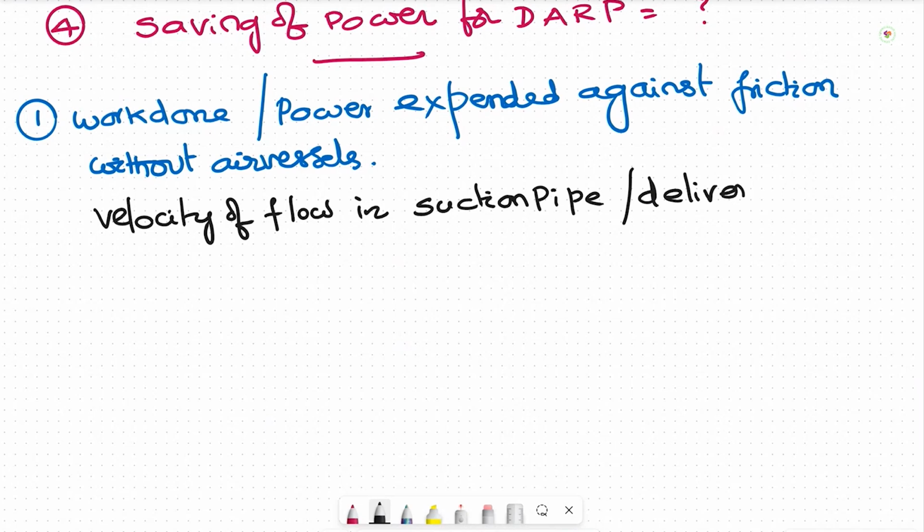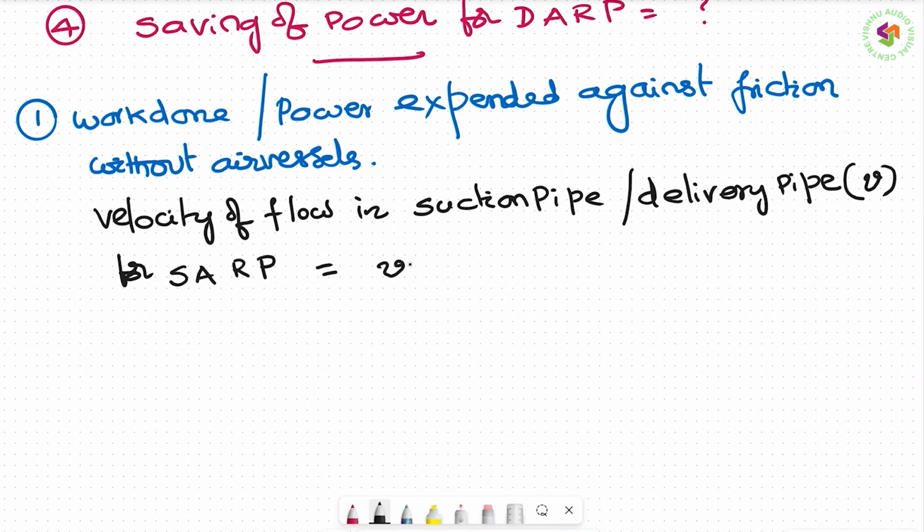I am making it generalized, which I call small v. For single acting reciprocating pump, already we have done, small v is equal to A by a omega r sine theta.